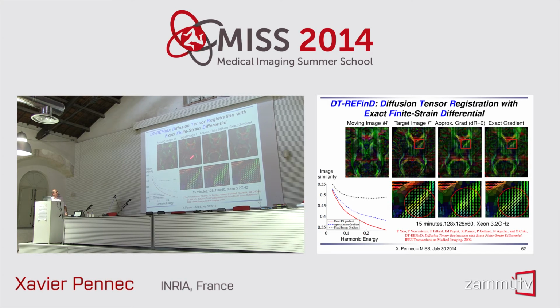And here, if you look at the target image, if we approximate the gradient without reorienting at each step, this is the results that we find. And if we really compute the exact gradient with the reorientation of the tensor, then it's working much more properly. So this is just to show that quite a lot of things can be embedded in the demons framework.